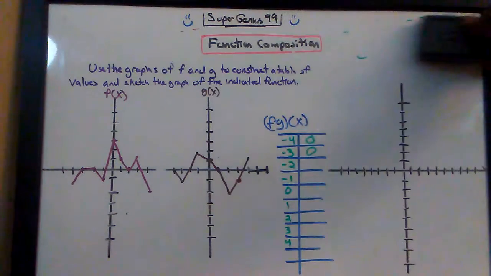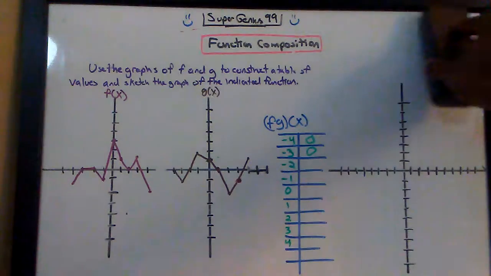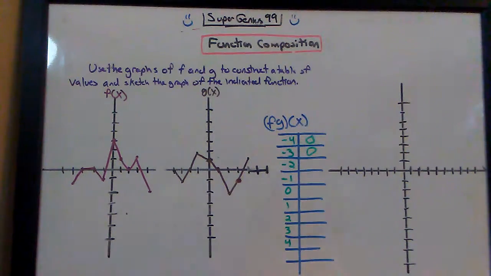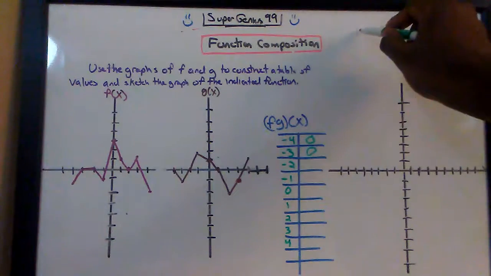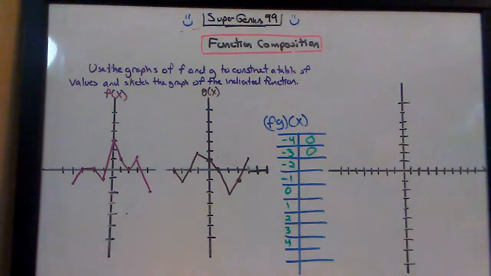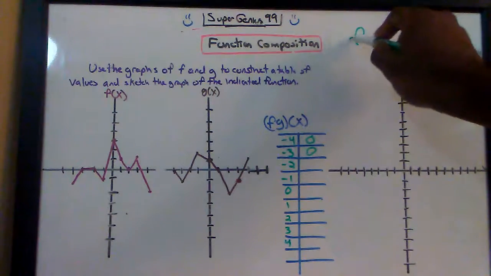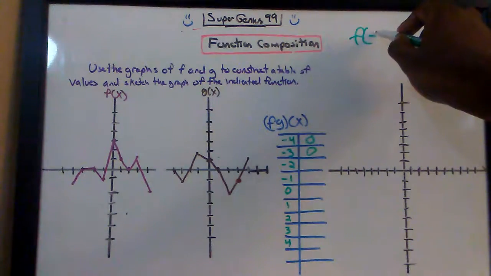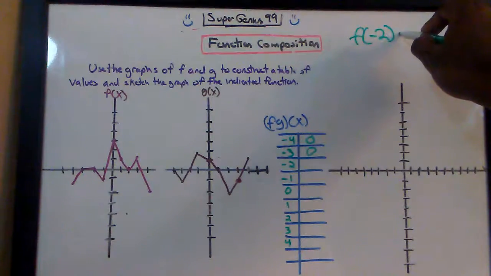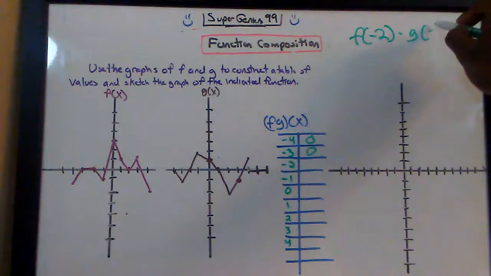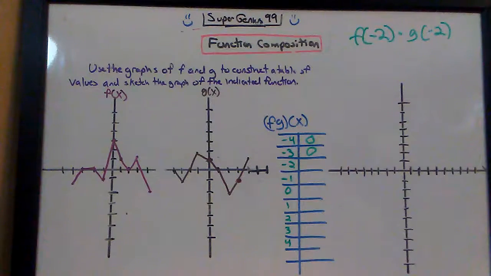Next, going from negative to positive, -2. So the product of f and g at x equals -2, f of -2 times g of -2. Okay?